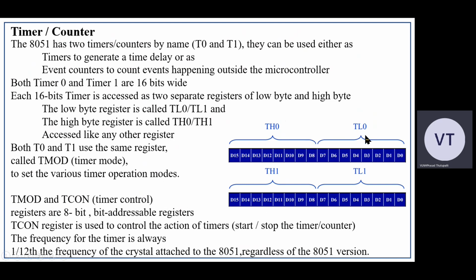Each is divided into two parts: TL0, lower order of T0, and TH0, higher order of T0; TL1, lower order of T1, and TH1, higher order of T1. The TMOD and TCON registers are used to set the various timer mode operations or to control the timer and counter action of the timers and counters available inside the microcontroller.